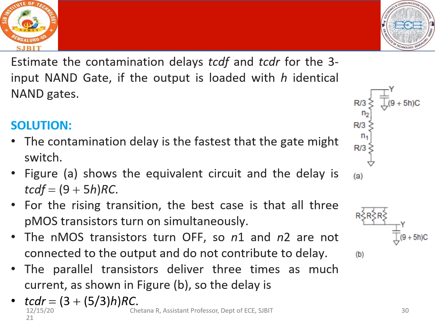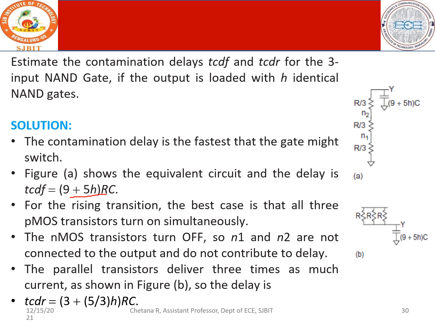When PMOS comes into picture, you have the capacitance as 9 plus 5H C and the resistance is R. Figure A shows the equivalent circuit, and the contamination delay is given by 9 plus 5H C into R, because R by 3 plus R by 3 plus R by 3, 3 times, turns out to be 3R by 3, which is equal to R. Therefore, the delay is 9 plus 5H RC.